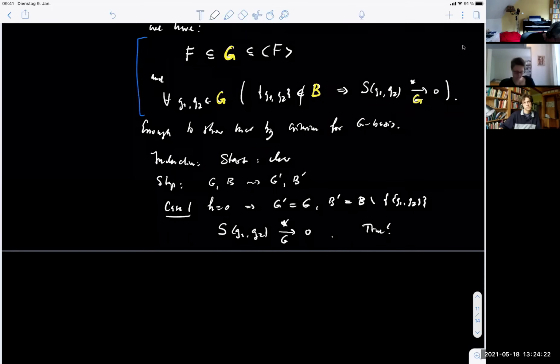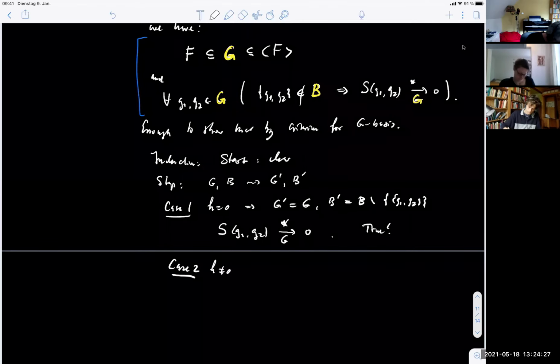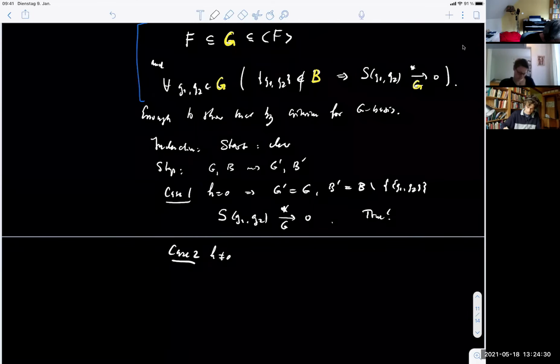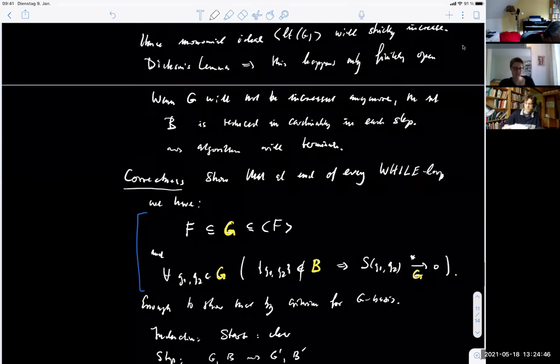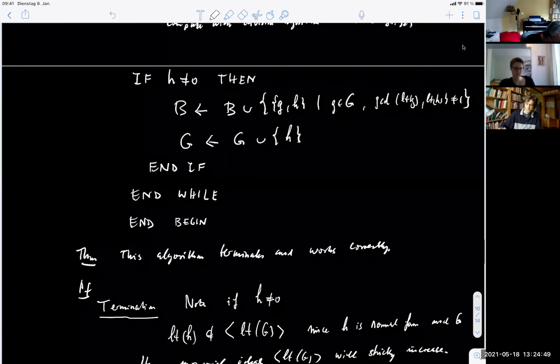And case 2, H non-zero. There's actually nothing to do. Maybe I go back to the algorithm. If you look here, H non-zero, so what happens with the B? B gets larger, so the set of pairs outside of B gets smaller.